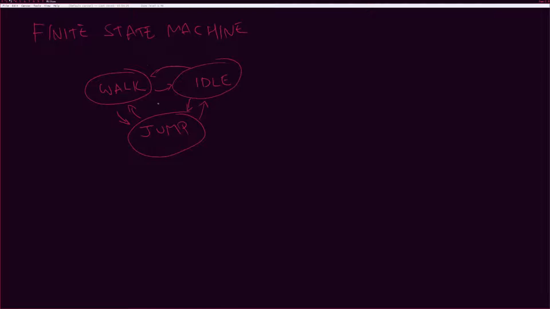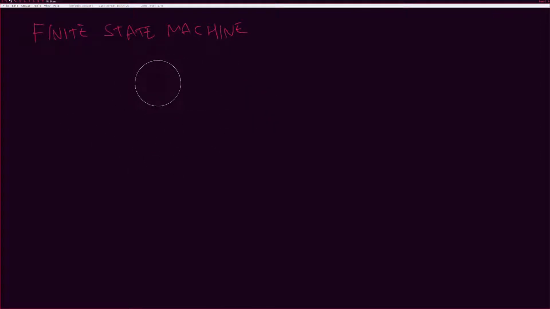They could also be used for some other things, like let's say you have a game and you have a main menu. And you have a town. You have a battle.